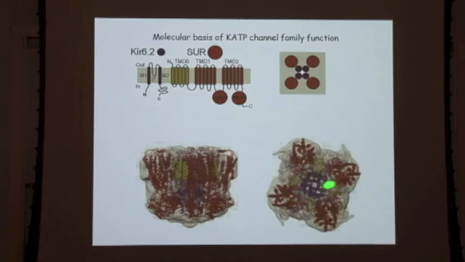So it would require 4 Kir6 subunits in the middle and 4 SUR subunits located around the outside to fill the space available.